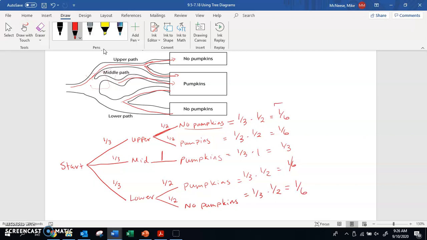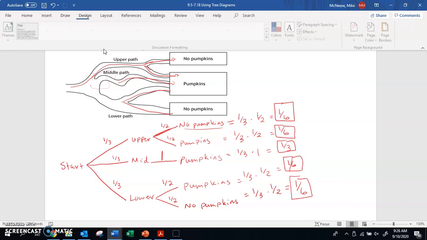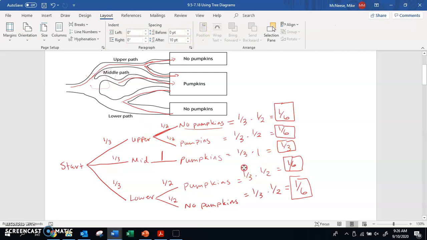Okay, so the most likely option out of each individual one is going to be the middle. If you go to the middle, you have a 1 in 3 chance of going to the middle and reaching pumpkins. So this is what a tree diagram basically looks like.